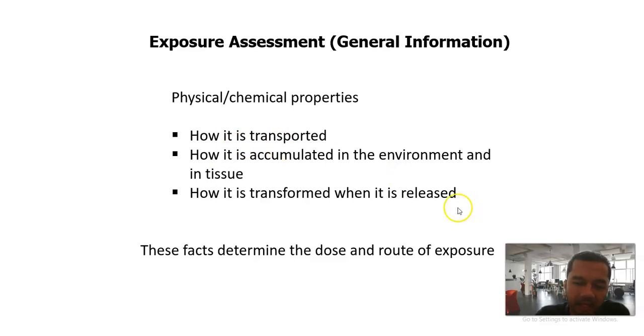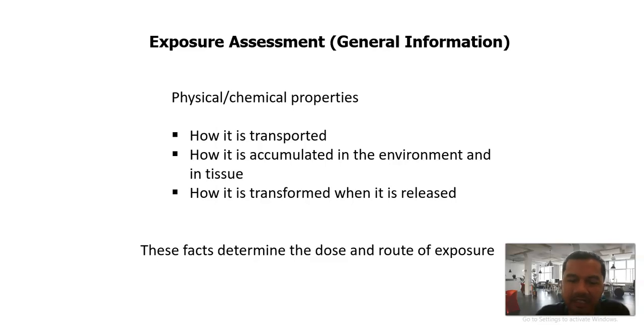When the chemicals are released into the environment, we want to know whether they are transformed into another form of chemicals that are very dangerous or very harmful compared to the parent or original chemicals.